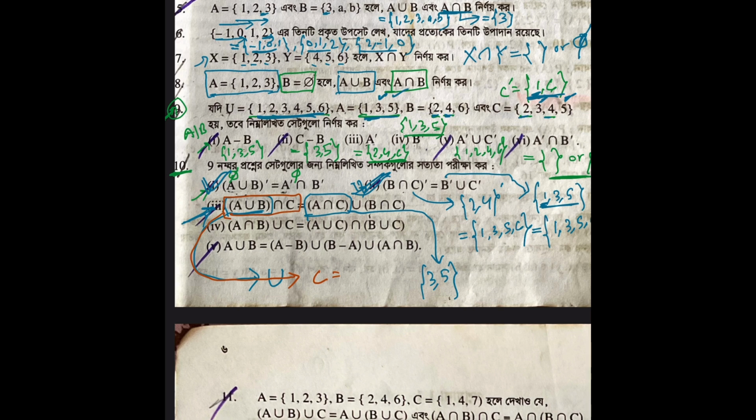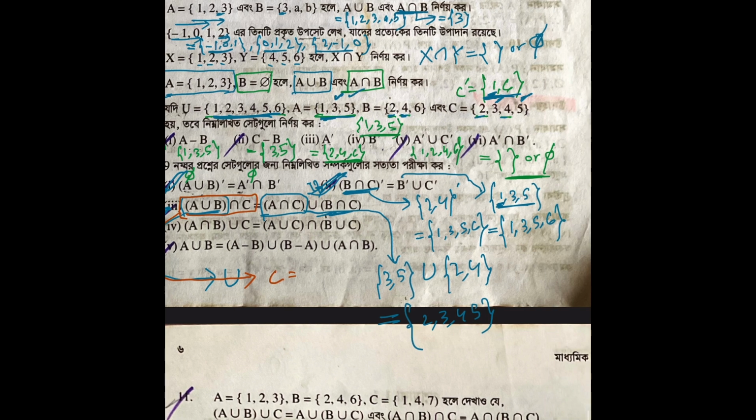And B intersection C, which we have down over here, we have 2, 4. We have to unify these two sets, and what we'll get is 2, 3, 4, 5, which, if you notice, is basically set C. So we can write here that C is equal to C.